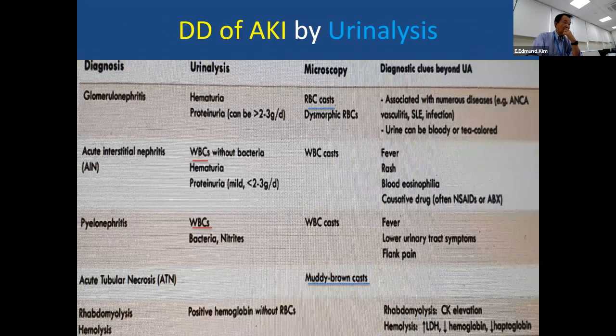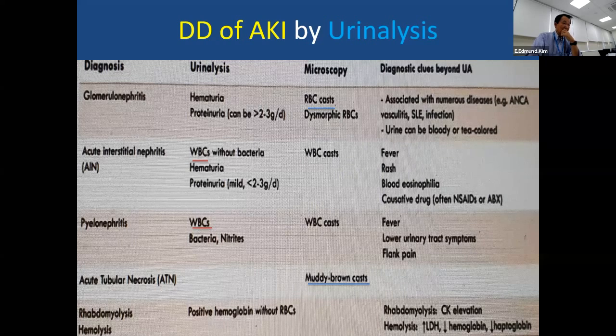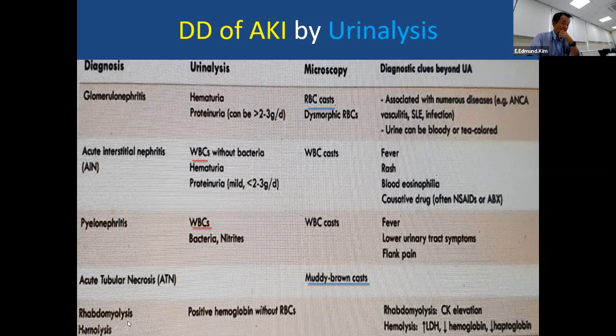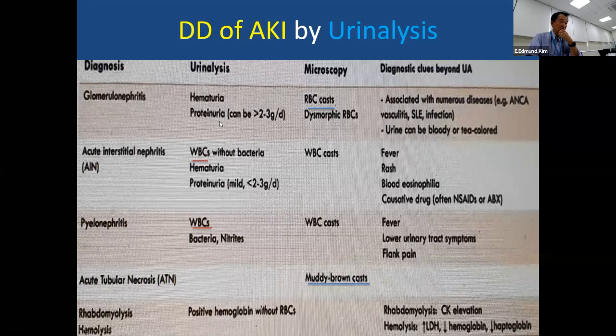So by urinalysis, we can differentiate glomerulonephritis, interstitial nephritis, pyelonephritis, acute tubular necrosis, rhabdomyolysis, hemolysis. Basically, if you have red cells in the urine, that's more likely related to glomerulonephritis. Urine shows hematuria, proteinuria.